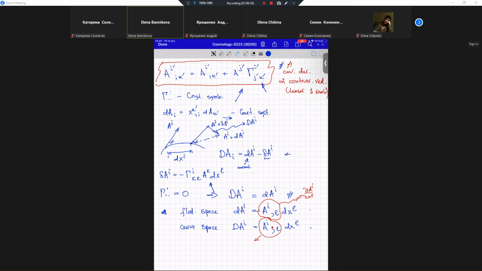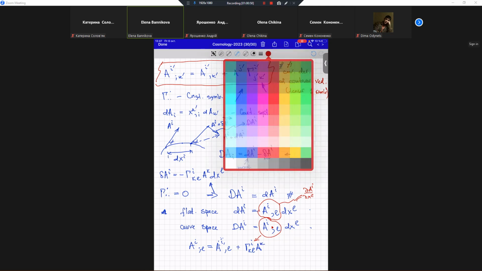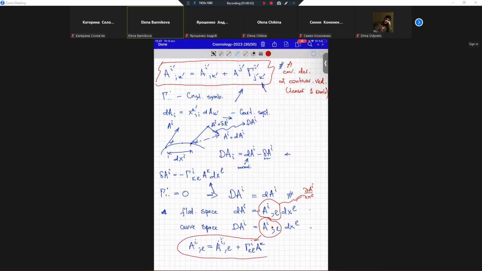It means that we need to write A_i;l equals the normal derivative plus gamma, and here I put the Christoffel symbol, keeping the indices: I here, and I need to keep l and the summation index.